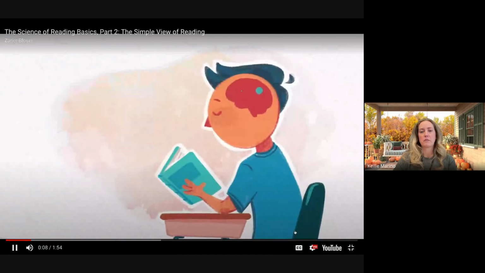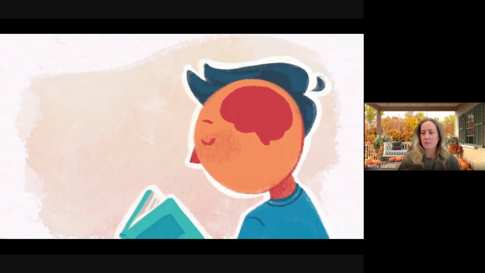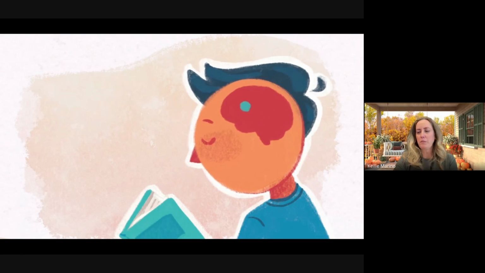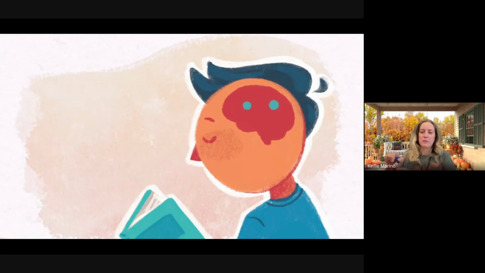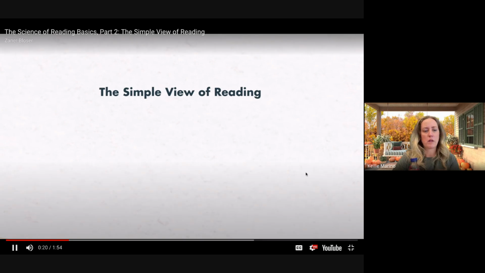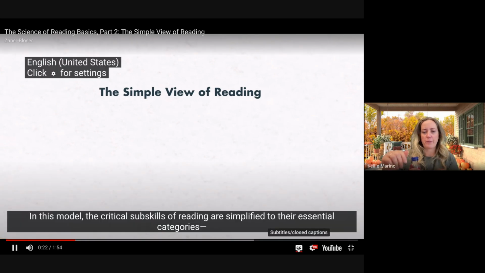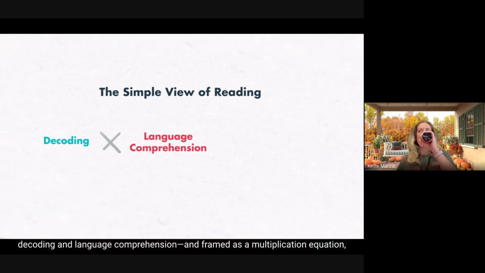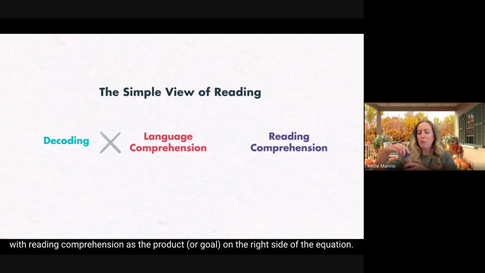When we think about the essential skills children need to build their reading brain, Gough and Tunmer's model, known as the simple view of reading, is quite helpful. In this model, the critical sub-skills of reading are simplified to their essential categories, decoding and language comprehension, and framed as a multiplication equation, with reading comprehension as the product, or goal, on the right side of the equation.